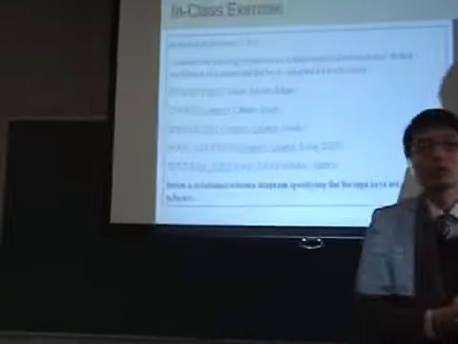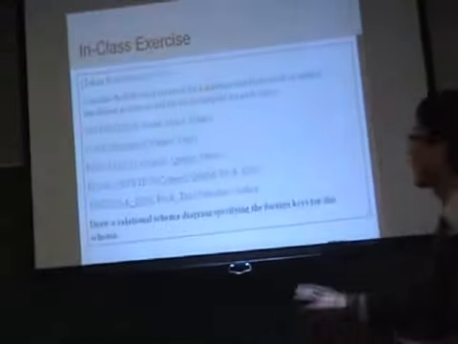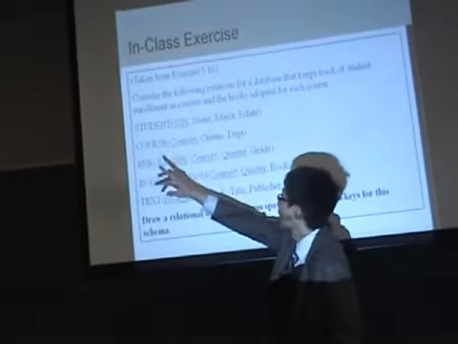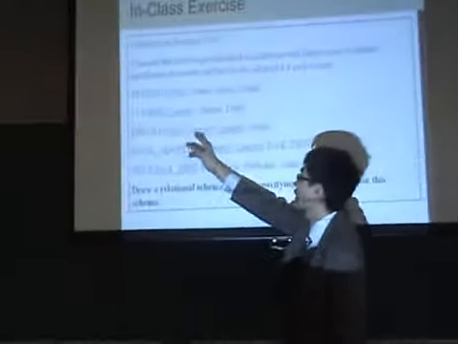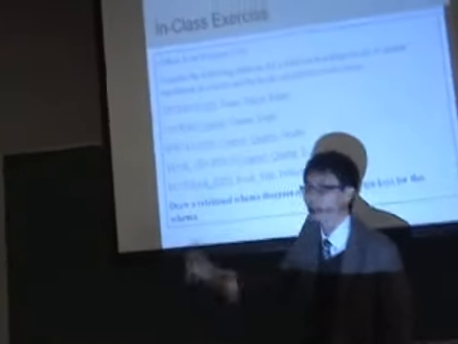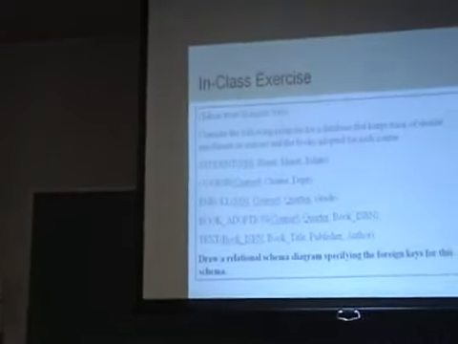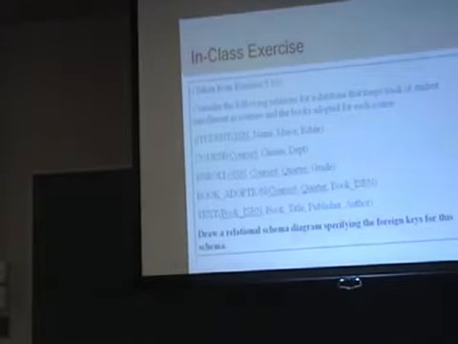can you find any? We have already a primary key. This is one primary key, okay? This is not the key. This is one key, primary key. Can you find foreign keys? As many foreign keys as possible.